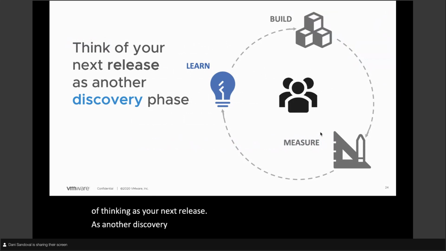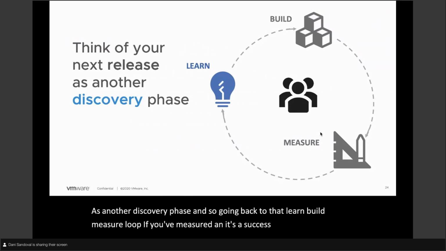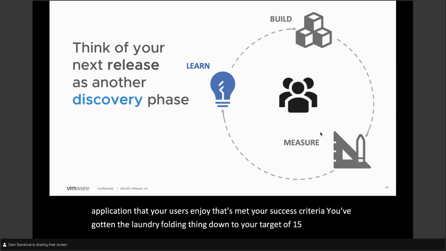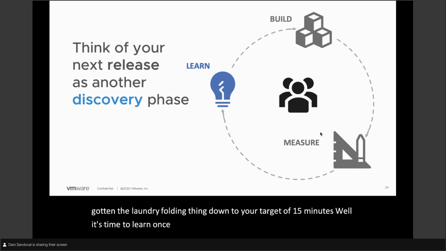And so going back to that learn, build, measure loop, if you've measured and it's a success, you ended up with an application that your users enjoy, that's met your success criteria, you've gotten the laundry folding thing down to your target of 15 minutes. Well, it's time to learn once again what users need. And in all reality, the context has changed because you've changed it, right?